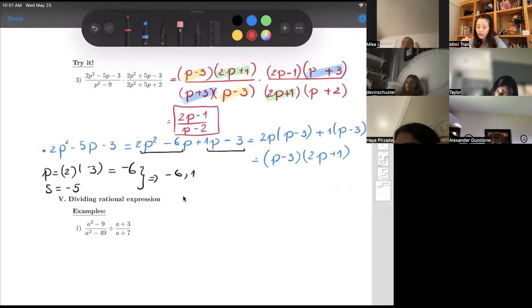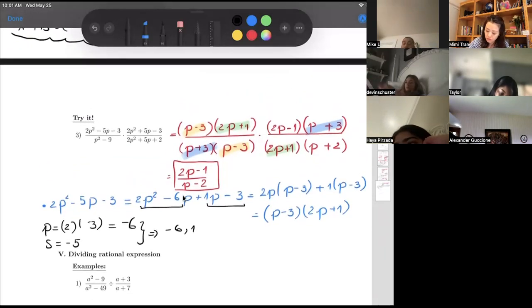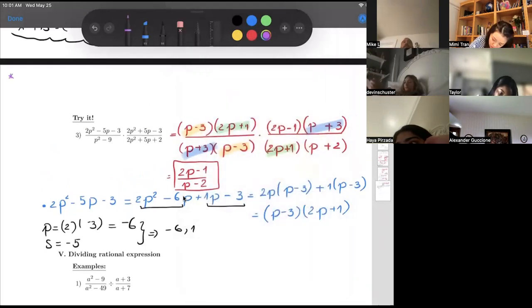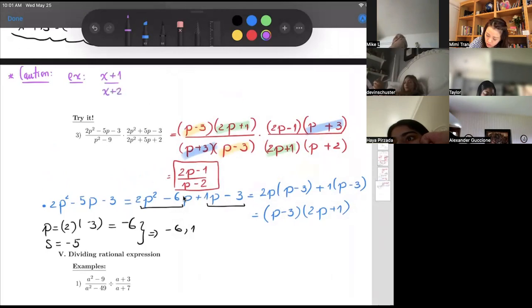Now, before I move on, let me make a note here. Don't write this down. Or maybe you want to write this down. Caution. For example, if I have x plus 1 over x plus 2, a lot of people cancel the x like that. You cannot do that, because the x being attached to the 1 and the x being attached to the 2, those are married.